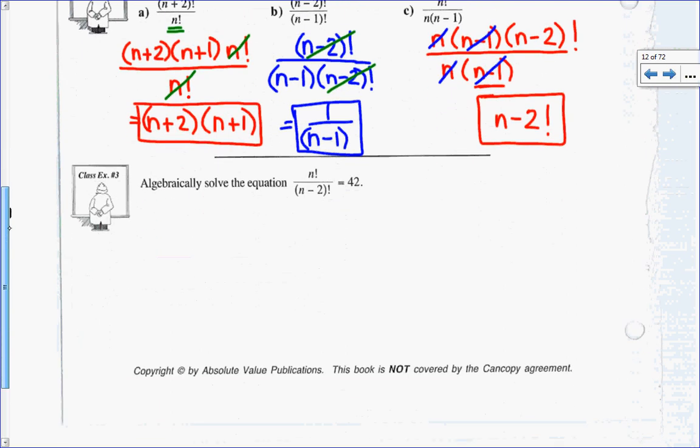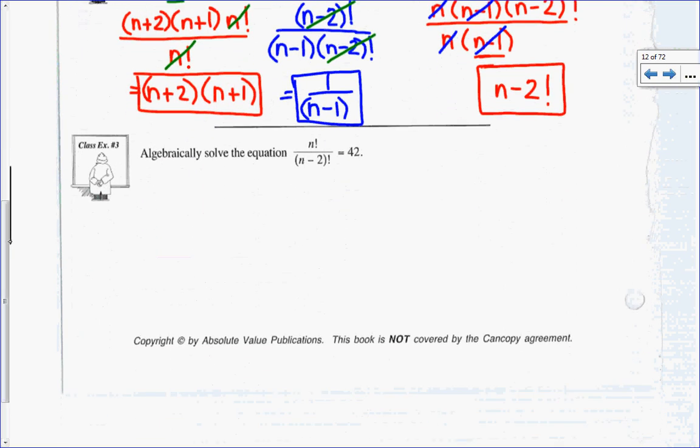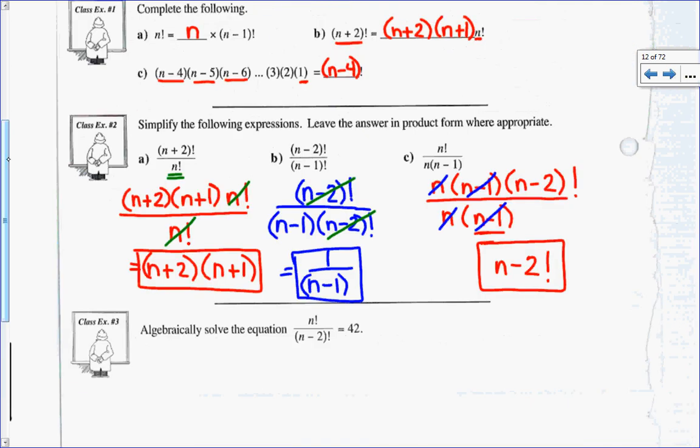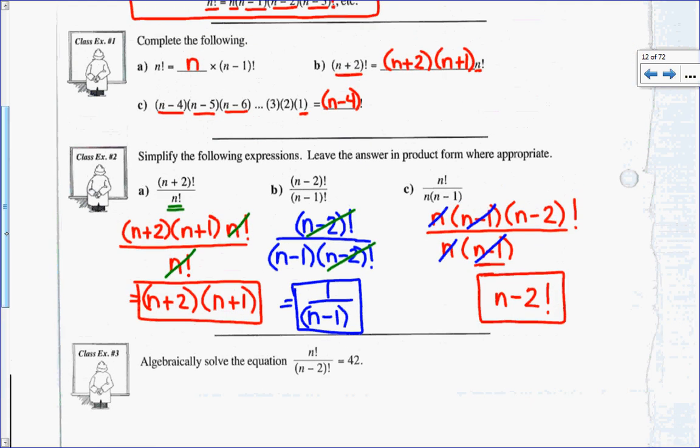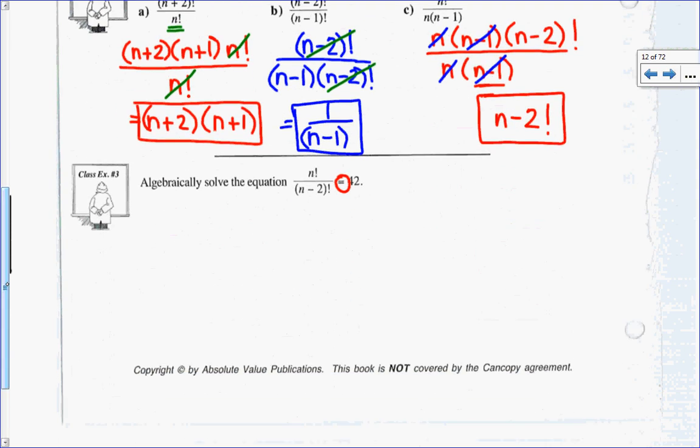All right, class example number 3, algebraically solve this equation. Now, up until now, all of these questions have just been asking us to simplify, to leave it in simplest form. In this case, when we have an equal sign in the middle, it's asking us to find the value of n. We need to end up with an expression that says n equals some value.